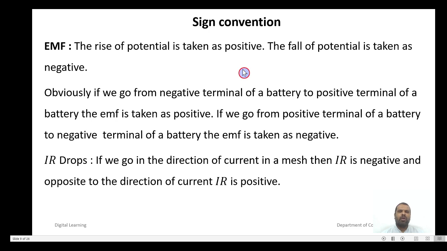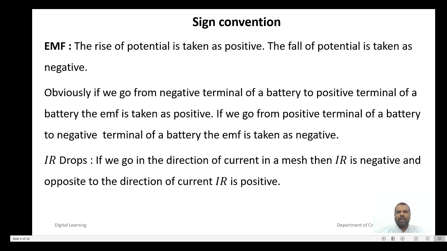The fall or decrease in the voltage is taken as negative. Obviously, if we go from the negative terminal of a battery to the positive terminal of a battery, the EMF is taken as positive. If we go from the positive terminal to the negative terminal of a battery, the EMF is taken as negative.